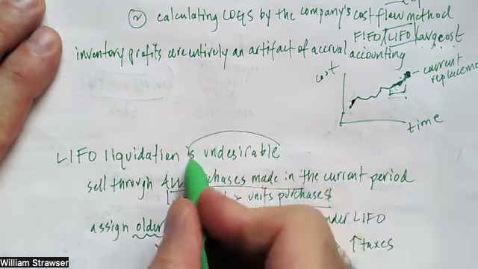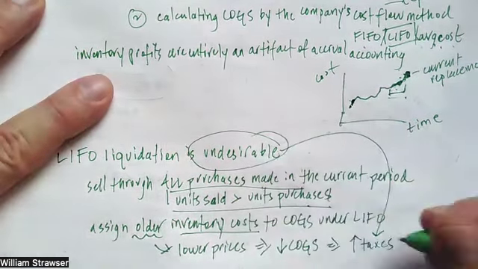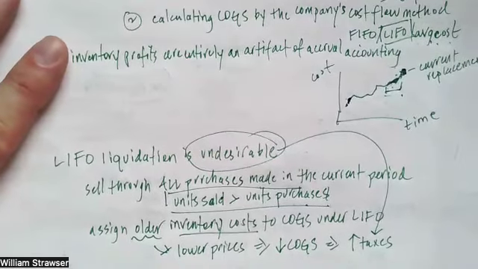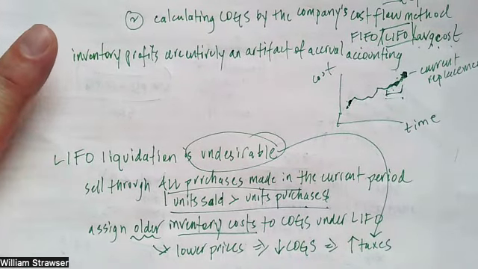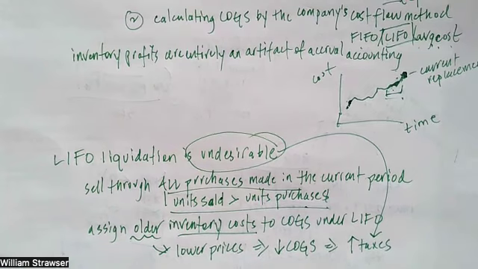So this is why it's undesirable. Right? There's even been an evolution of how companies record inventories simply because they don't want to liquidate LIFO layers.